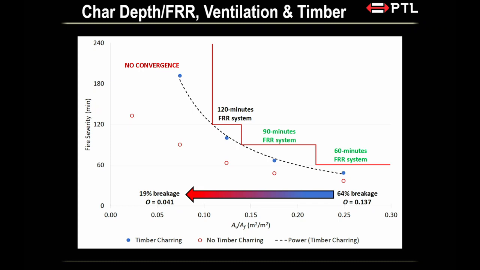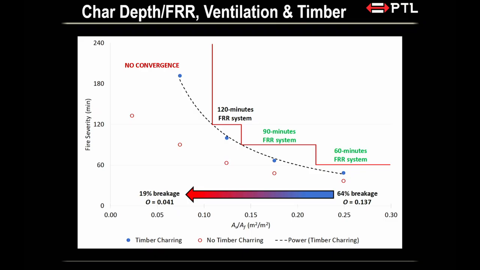There's two lines. The blue line is where we have exposed timber, say exposed ceiling, exposed timber on the wall. Those are the fire resistant ratings going up as you do different calculations considering window breakage. So a lot of windows breaking, you have low fire resistant rating, okay?